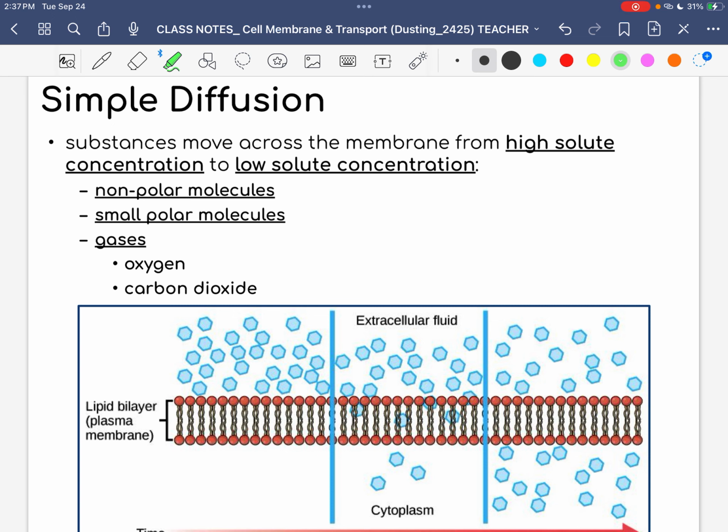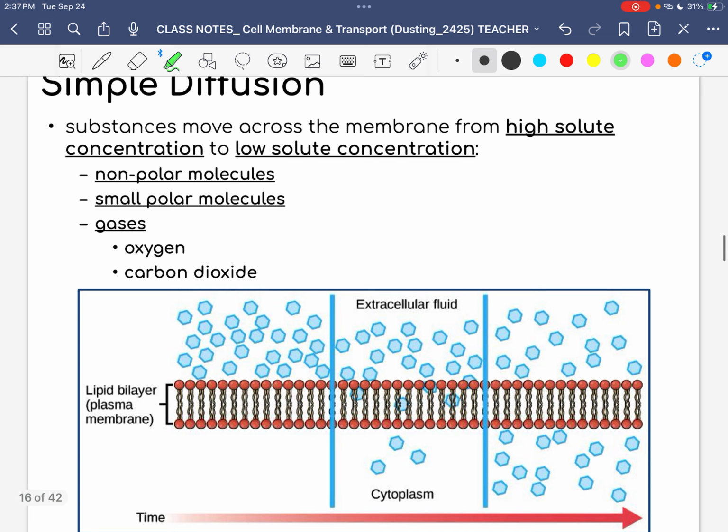Okay, so substances are going to move across the membrane from high solute concentration to low solute concentration. And again, these are things like nonpolar molecules, small polar molecules, gases like oxygen and carbon dioxide. And they are moving along their concentration gradient, right?